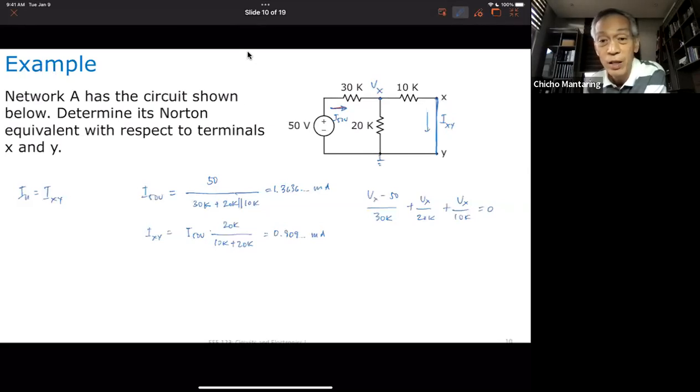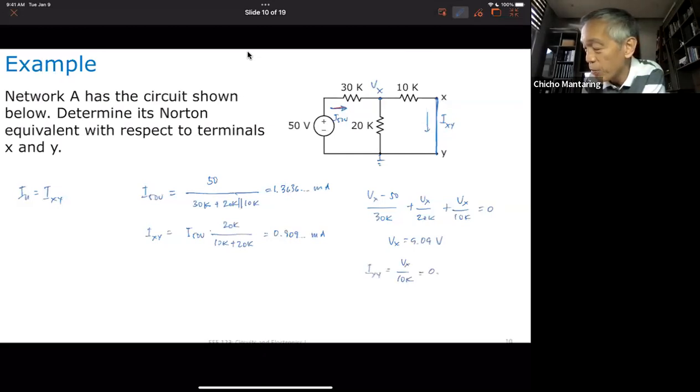So only one unknown. And if I do that, I'm going to get Vx is equal to 9.09 volts. So if I know Vx, what is IXY? IXY is just going to be Vx over 10K.